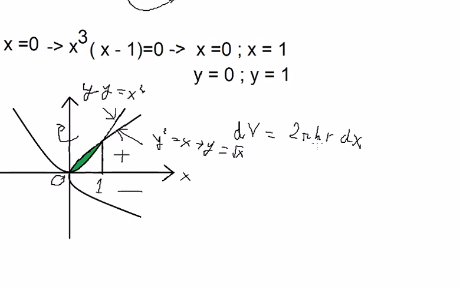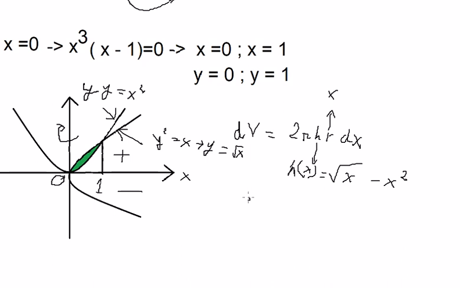So in this situation, h of x, you will get the square root of x minus x squared.